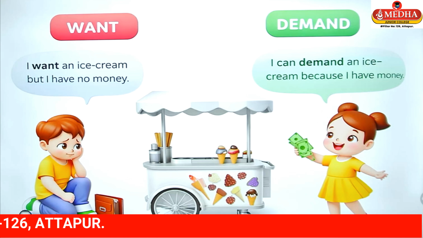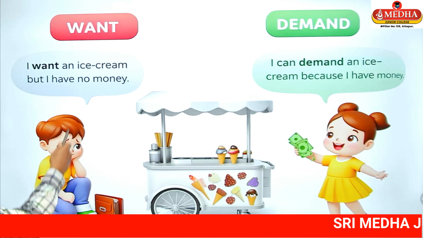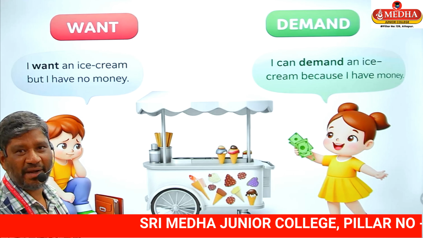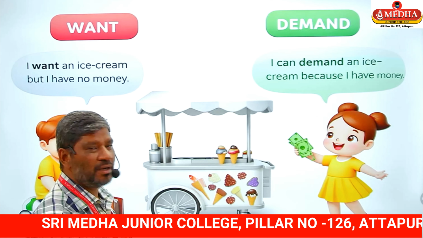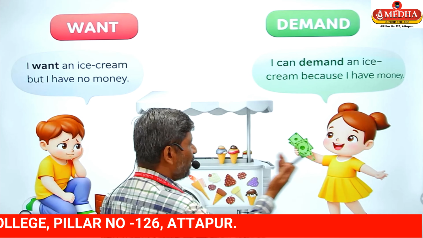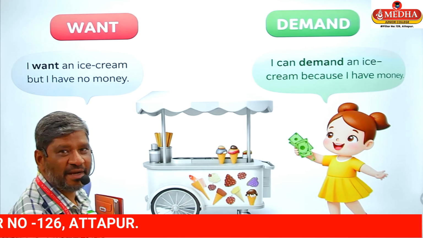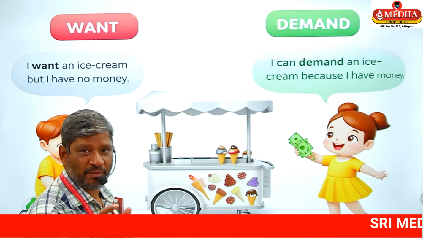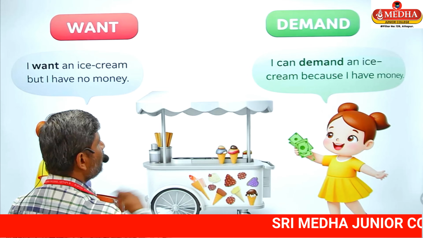Here you can see want is nothing but desire. He wants to purchase the ice cream but has no money, so no demand is created. Here, desire along with money, the ability to purchase, creates the demand. I hope you understand the meaning of demand.